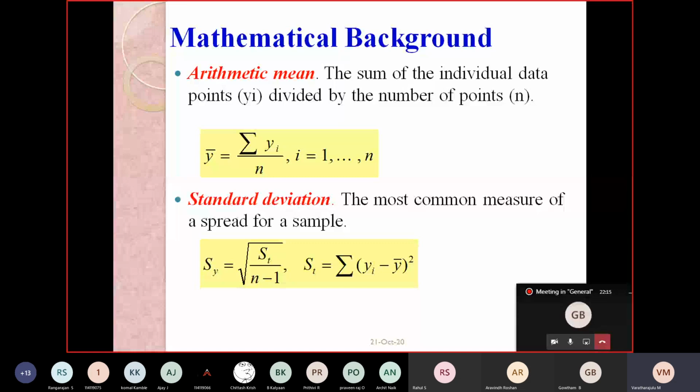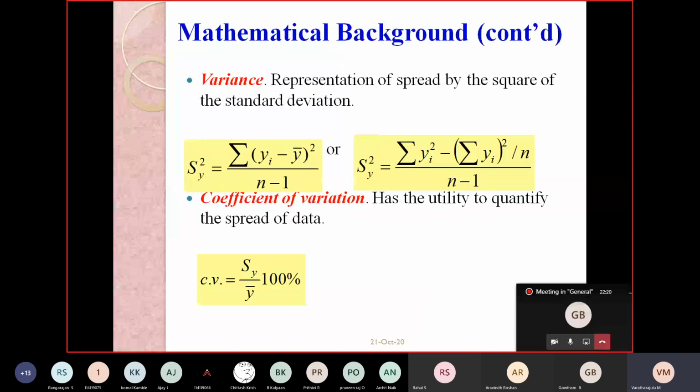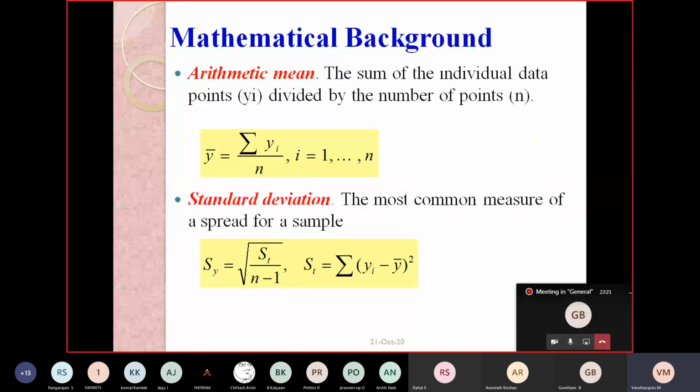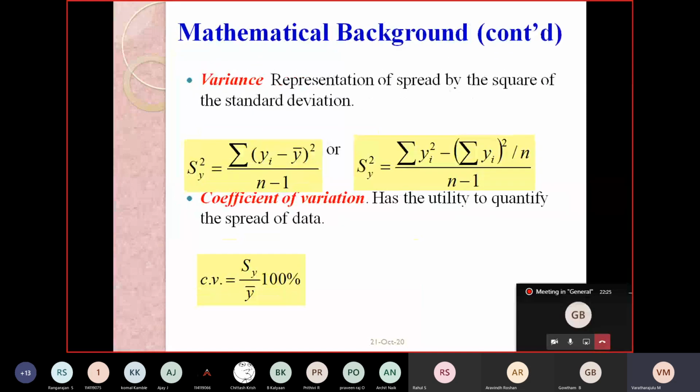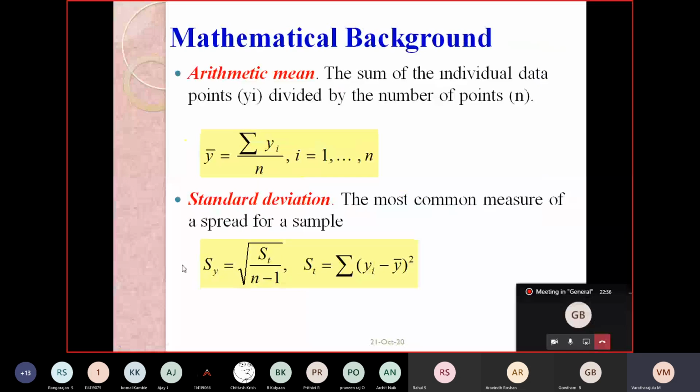Spread for a sample is standard deviation. And variance, the spread represented by the square of the standard deviation, that is sy square. Here, with this st and sy, we are going to have a derivation, and variance, and coefficient of variance.